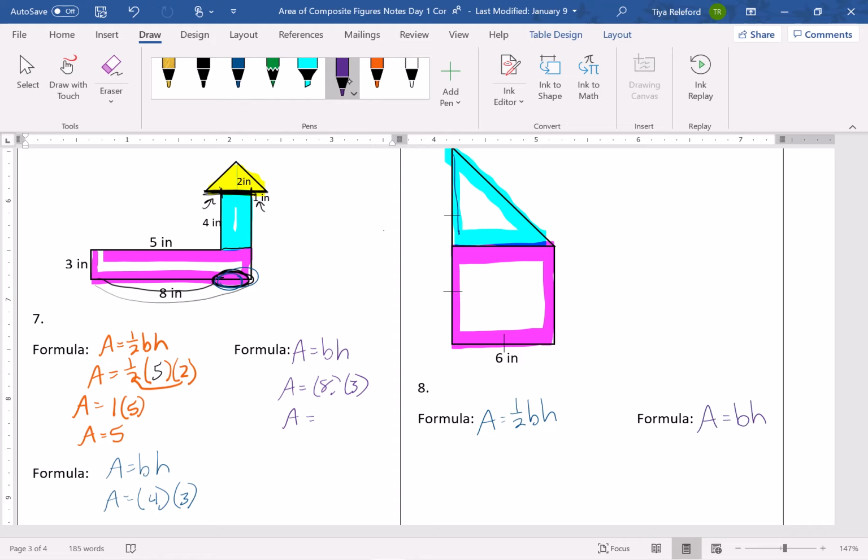So looking at the square, the base is 6, and this little line right here and right here means it's equal. And this line here says it's also equal, so they all equal 6.